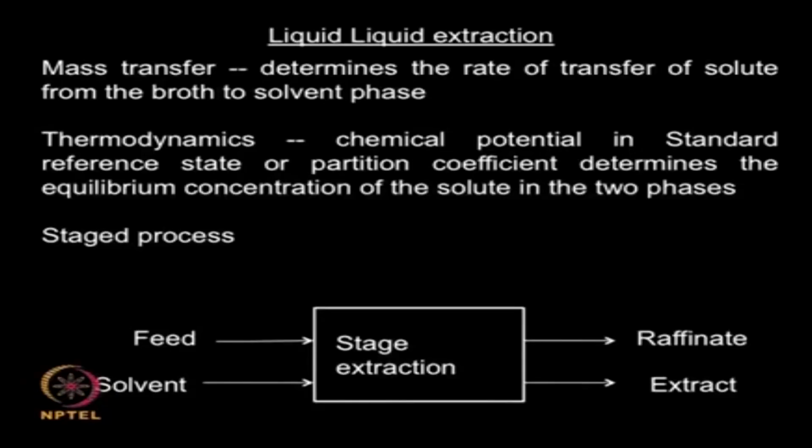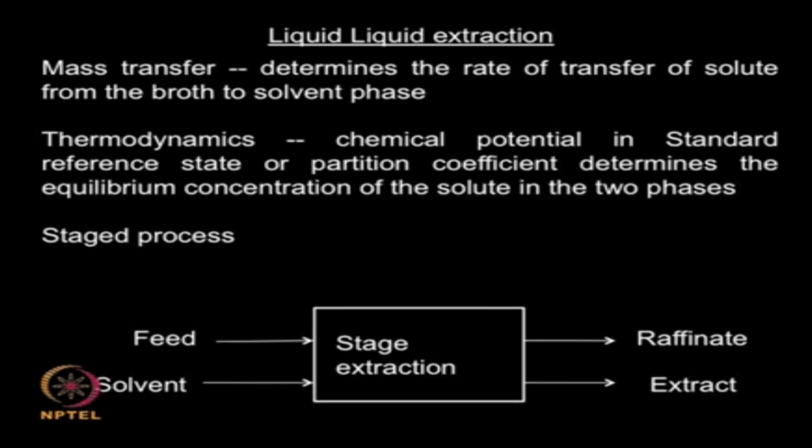So as you can see from this picture, you have two streams entering, the feed which contains your solute of interest, it is also called heavies and it is coming out of the fermentation process. The solvent is your extracting medium.